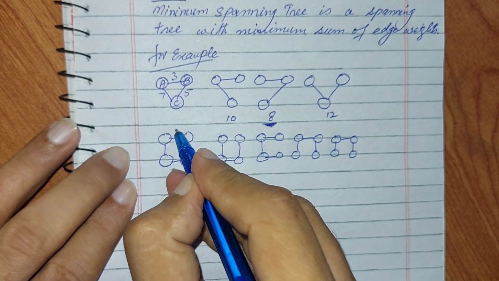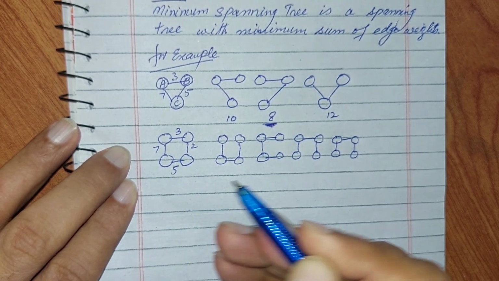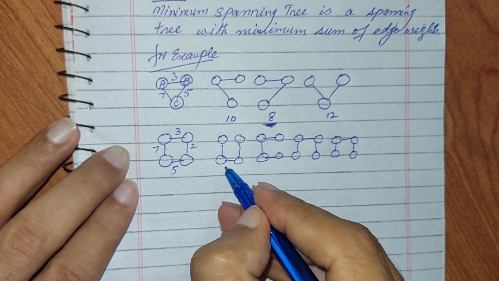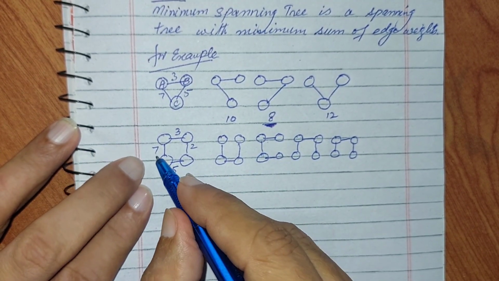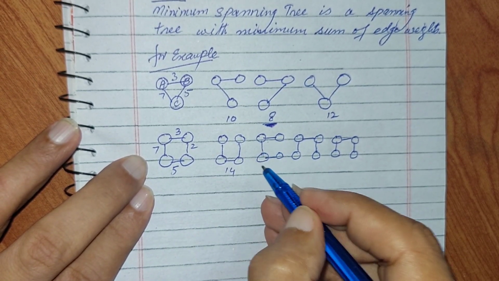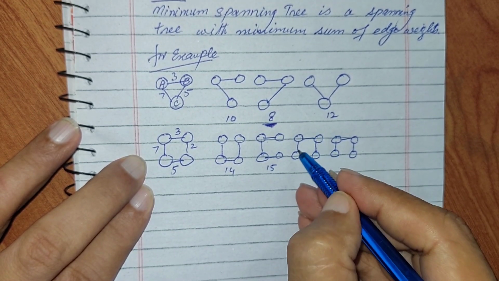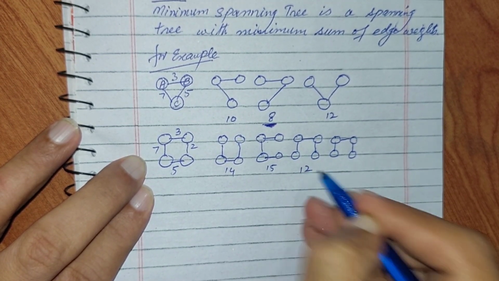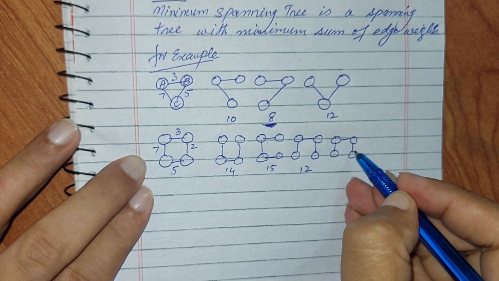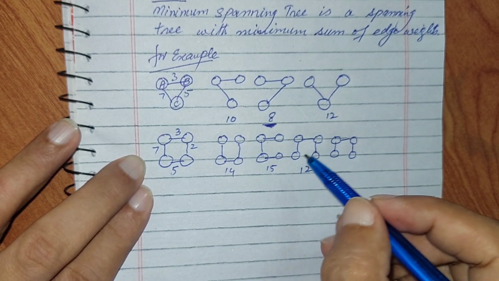Let's say the costs of these edges are 3, 7, 2, 5. Then the cost of this spanning tree is 2 plus 5, 7, and plus 7, 14. 3 plus 7, then 5, 15. So 2 plus 3, 5 plus 7 is 12, and this is okay. So these are the same ones.